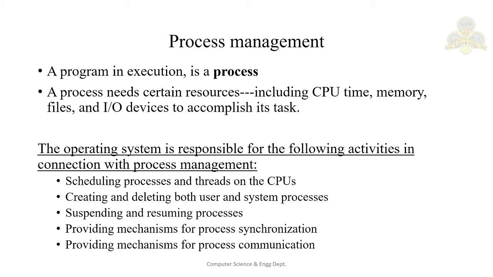Say suppose some medium priority process is running, the operating system will suspend that process and execute the highest priority process. Whenever that execution is completed, your operating system will come back to the suspended process and start resuming it, or start executing that medium priority process.